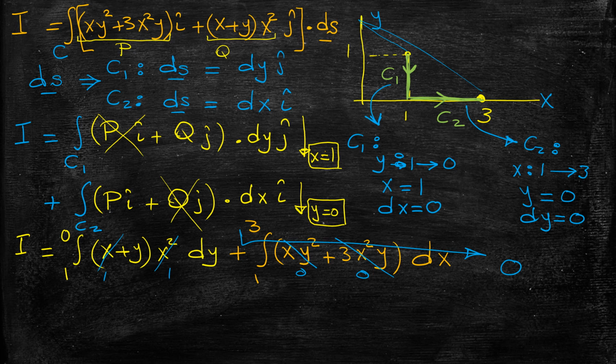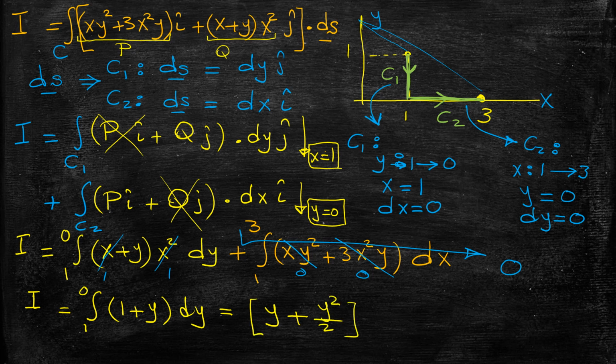End up with the first one, so this will be the integration from 1 to 0 of (1 plus y) dy. Here it will be y plus y squared over 2, substituting with the same order of these limits.